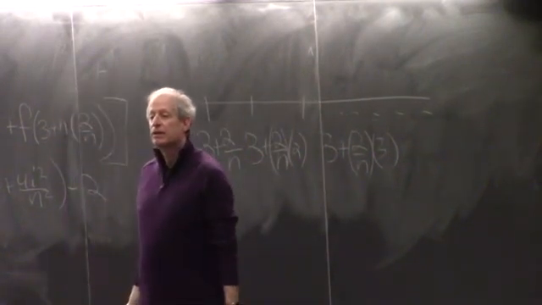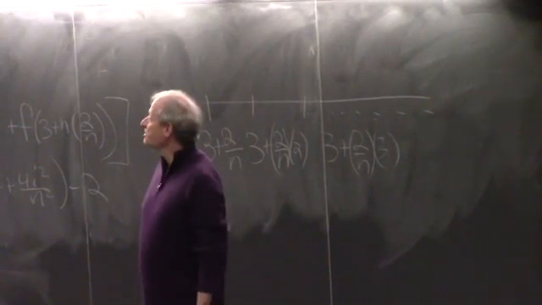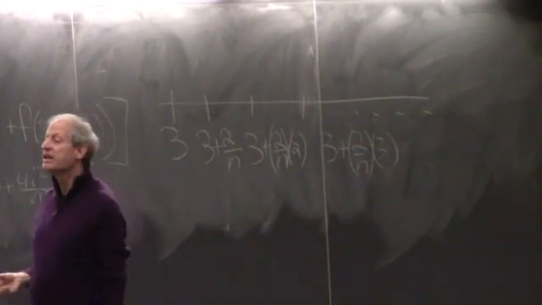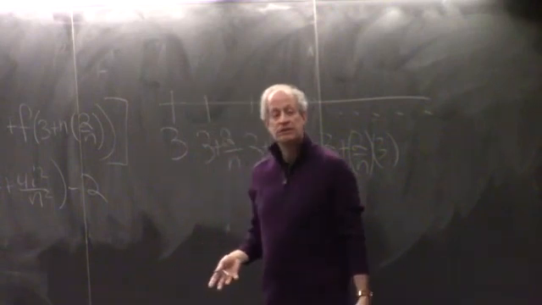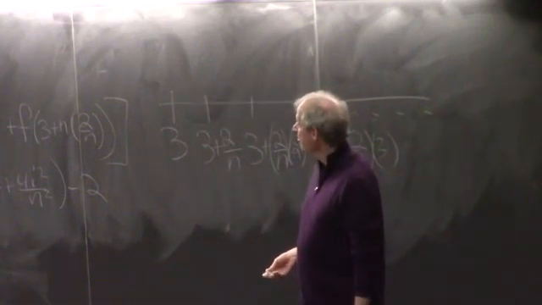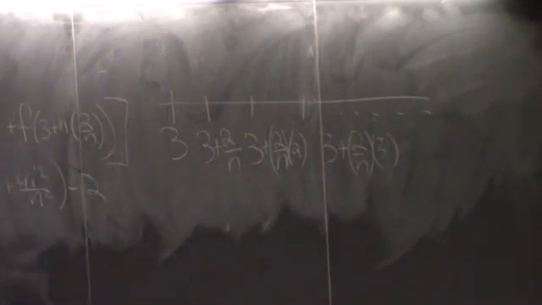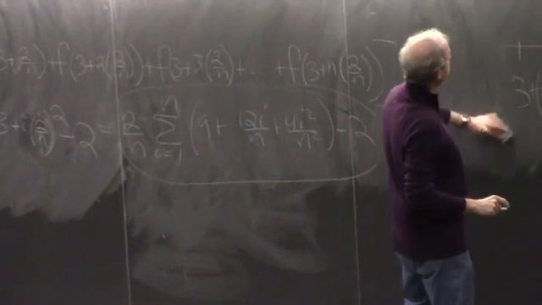Yes? 5 minus 3 is 2. Okay, and then divide that into n intervals. Okay? So now I get to here. I want to simplify that.